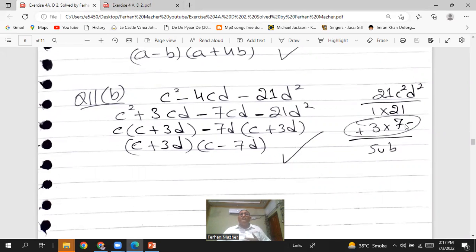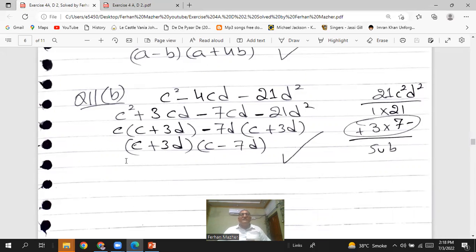Out of these two, I will choose that pair which by subtraction will give me minus 4. So I will take 7 and 3. When you subtract them, you get 4, and because you want minus 4, with the larger number I will put a negative sign and with the smaller number a positive sign. So here you go: c square plus 3cd minus 7cd minus 21d square.